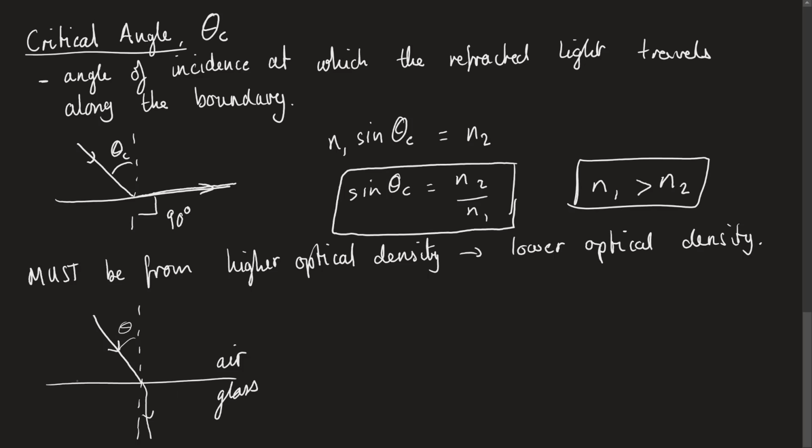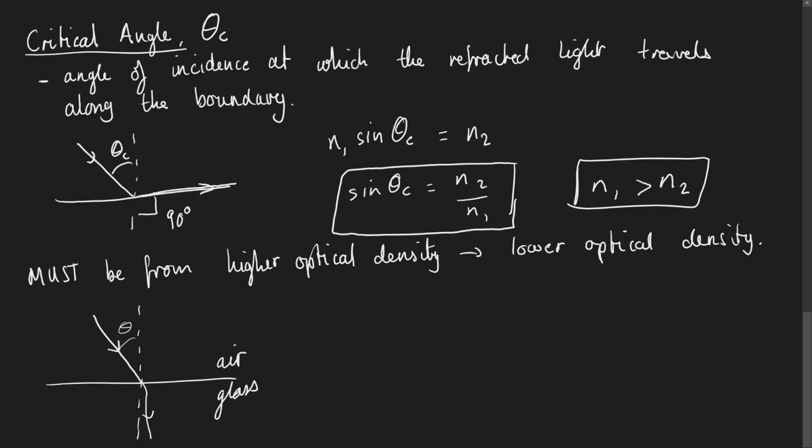The other way you can explain it: conceptually it doesn't really make sense, but also mathematically it doesn't make sense, because if we had n2 greater than n1, then this sine value would be greater than 1, and we know that can't happen. If you put the inverse sine of 2 into your calculator, you'll end up with a math error or a syntax error, one or the other, I can't remember which.